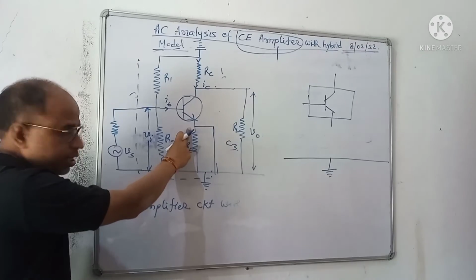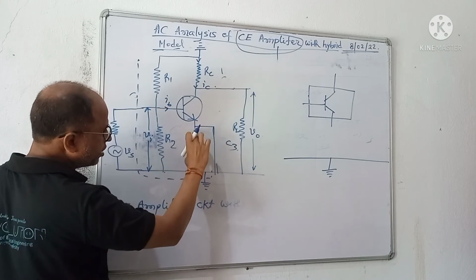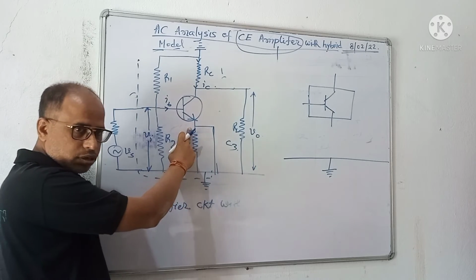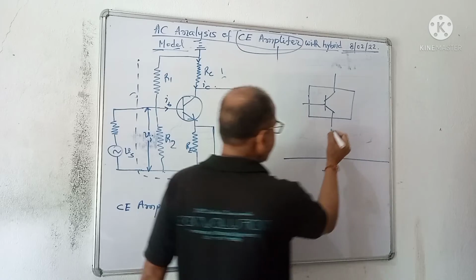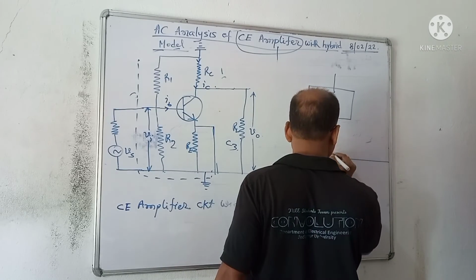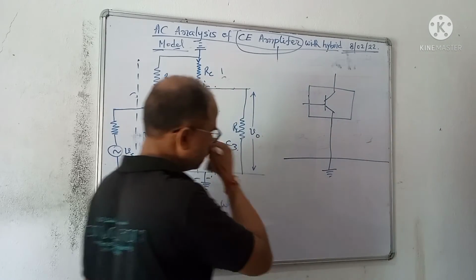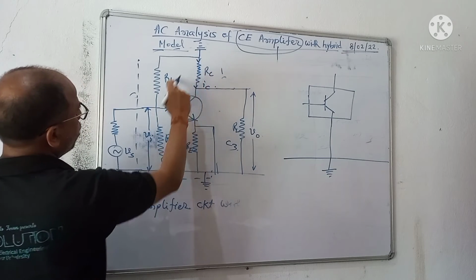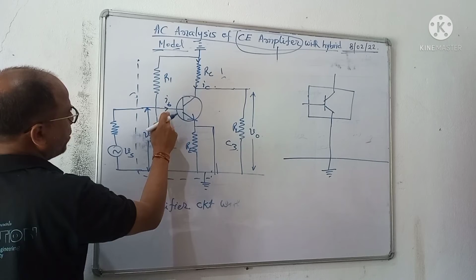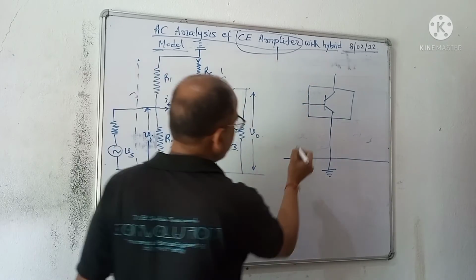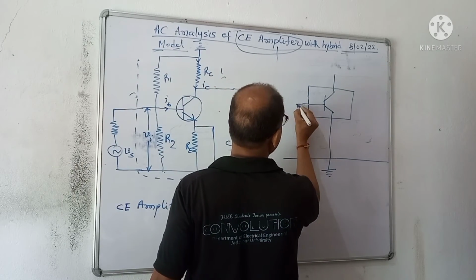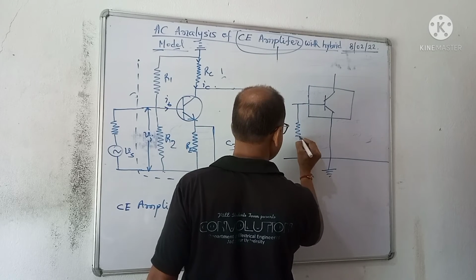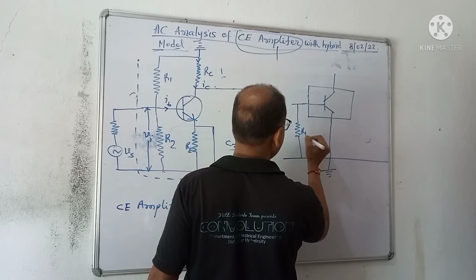Since it is grounded, there is no RE. Next, R1 is between the base and the ground.